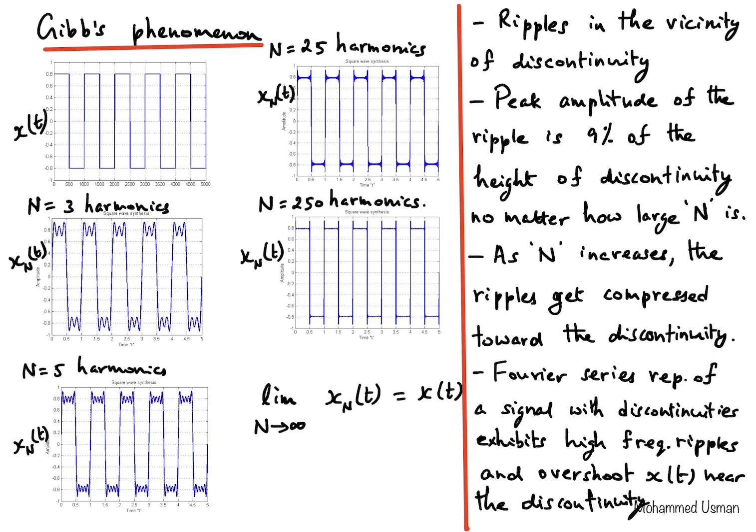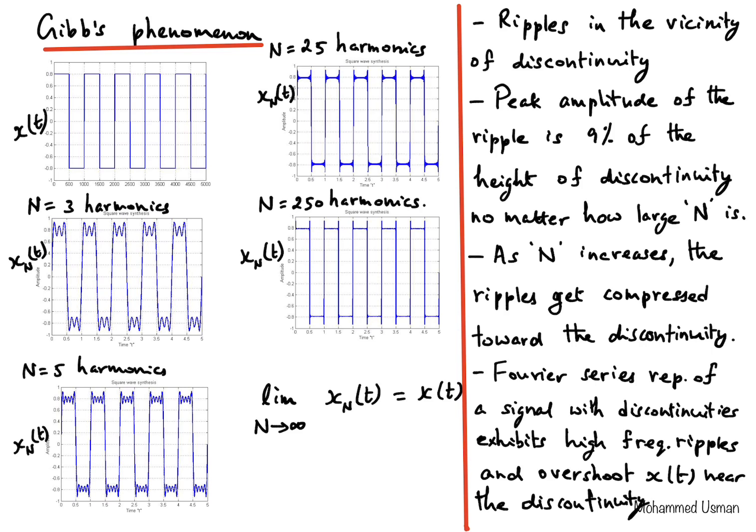Then we see that in all these synthesized waveforms, there are ripples in the neighborhood of the discontinuity. The discontinuity is this time instant at which we have these vertical segments of the waveform. In that neighborhood, we have ripples here, and here, and again here.